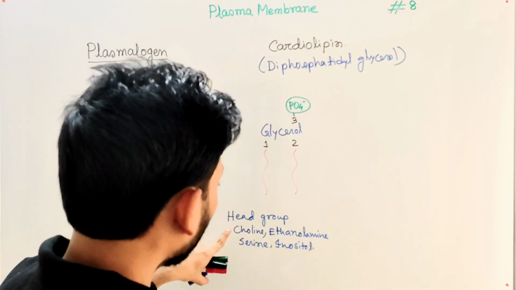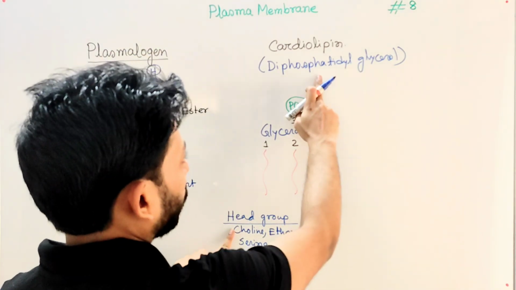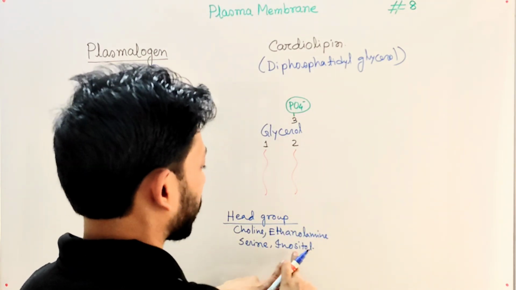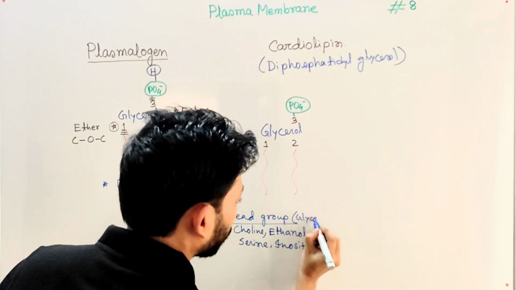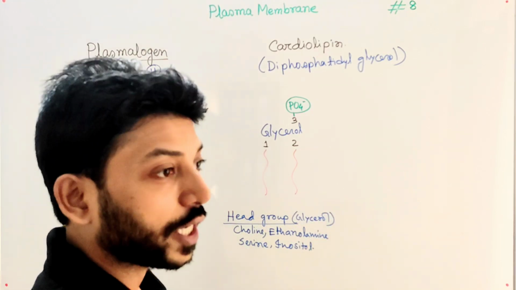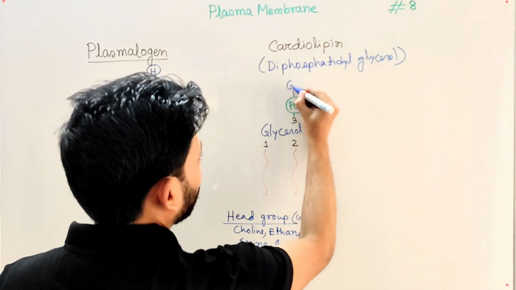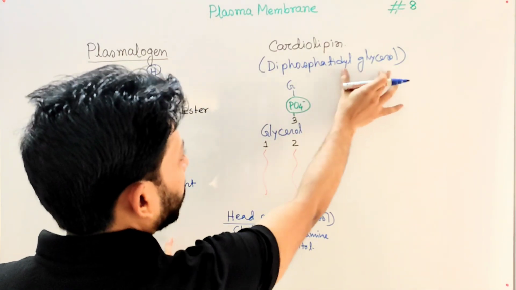So according to the name of the head group, the phosphoglyceride is called phosphatidylcholine, phosphatidylethanolamine, phosphatidylserine and phosphatidylinositol. The head group can also be glycerol. Another glycerol could be a head group. So when a glycerol, I'm writing here just G, is present, we call this structure phosphatidylglycerol.